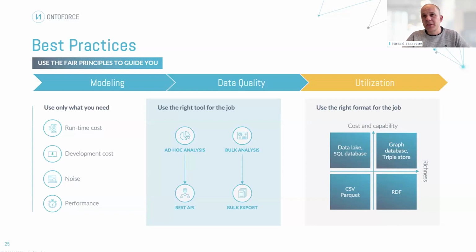And also from a cost and capability perspective, really think about where you're pushing your information to. The more you go up in this chart here towards data lakes, SQL databases, graph databases, triple stores, naturally, the more capabilities you gain out of the box by being able to run SQL statements against it or SPARQL queries against it.